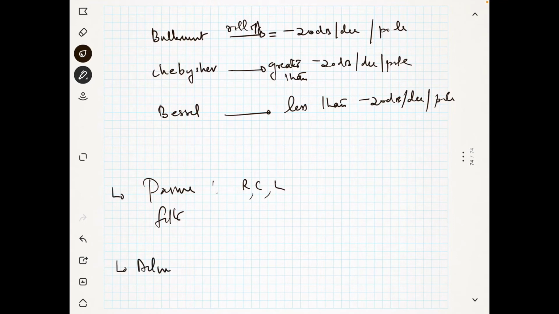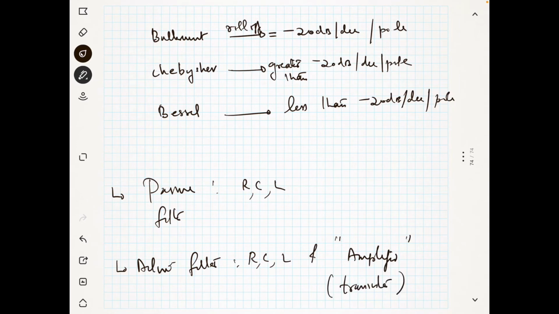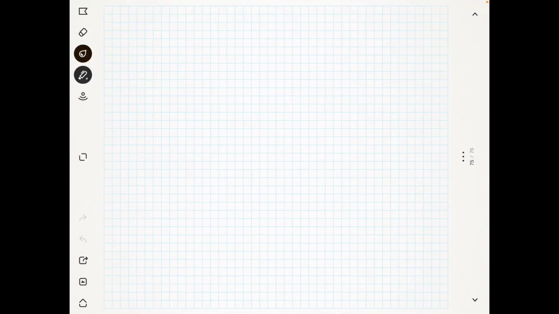Active filters contain R, C, L, and a special thing, an amplifier, which means it is made using transistors. Whenever you are using transistors, you have an active filter. So we will talk about the active filters now.